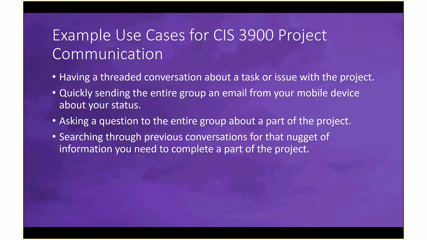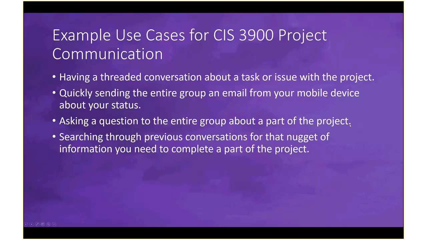We often would have a meeting or have some things planned, and someone would have a work schedule change or something like that, and wanted to quickly let the group know, hey, I'm going to be late for the meeting, I'm not going to make the group meeting, or hey, I'm going to work on the assignment that I have, but I'm going to start on that much later than I thought, and I won't be online until later. So quickly sending a status, asking a question of the entire group. We did this a ton.